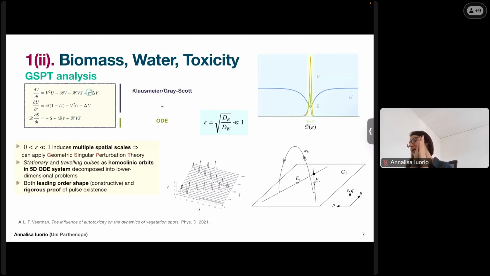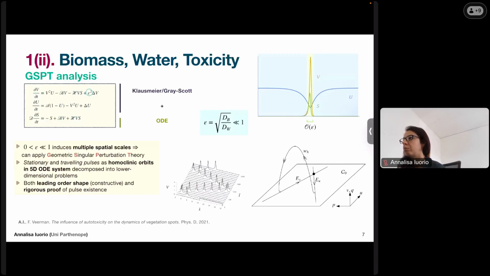So it has to be in the same location, and then a slow part away from it. And the water is just the reverse, because plants take water to grow. So when you have a peak of biomass, you must have a minimum of water, and the other way around. So all variables have this type of double evolution on the slow scale and on the fast scale in some sense. I don't know if I answered your question.